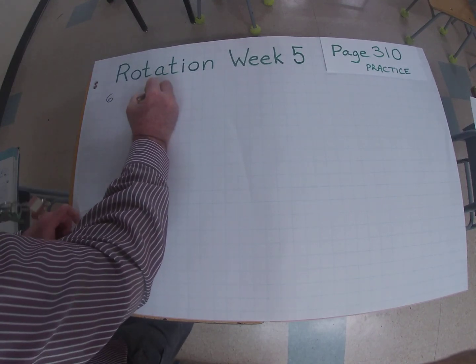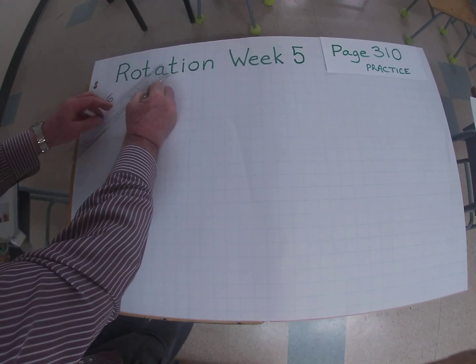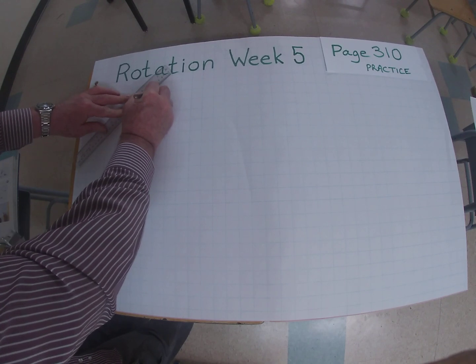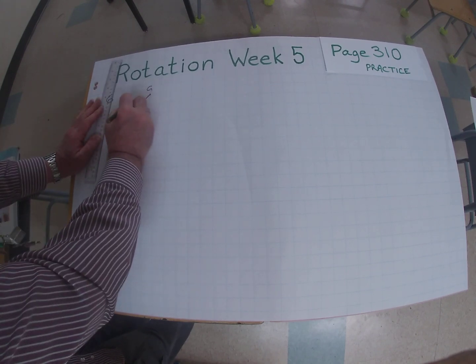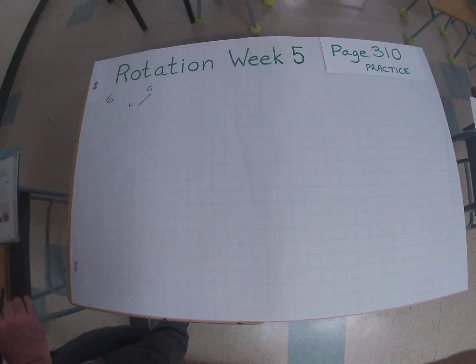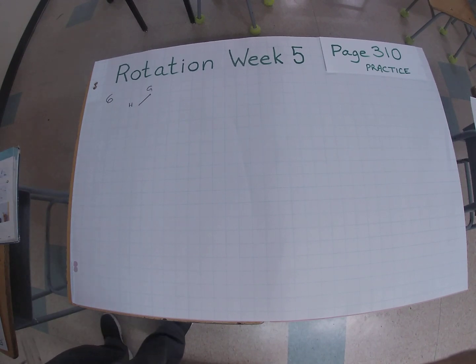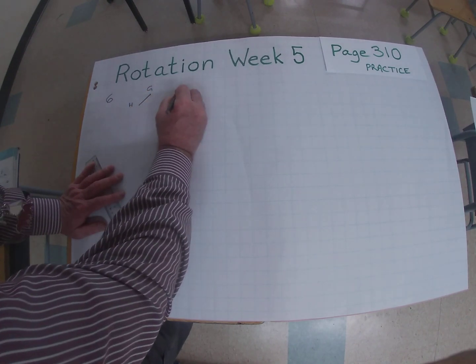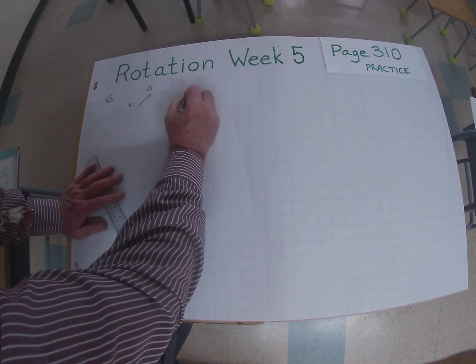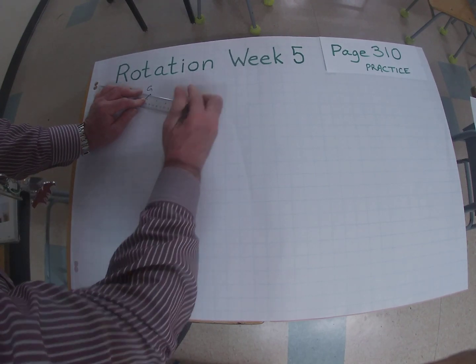So I'll call this point G there, and 1 left, 1 down would put me right there. Point H. Okay. Now going in the other direction, G to F is 3 right and 1 down. So 1, 2, 3 right and 1 down. So point F would be there. Join that up.